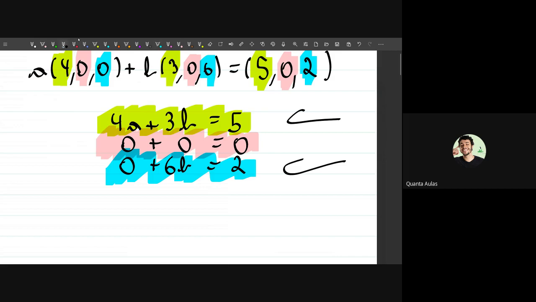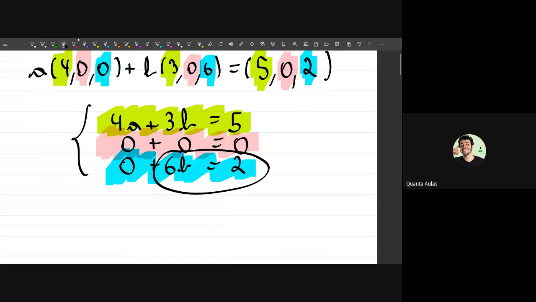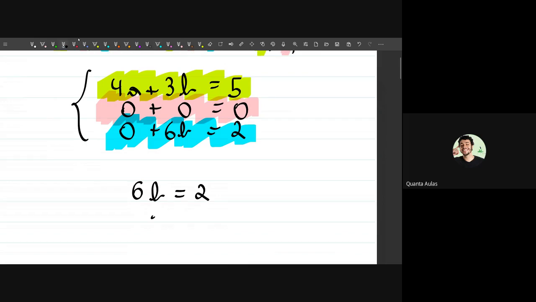Okay, so we can solve this system in a very easy mode. We can find the value of b. Do you know what's the value of b? 2 divided by 6.